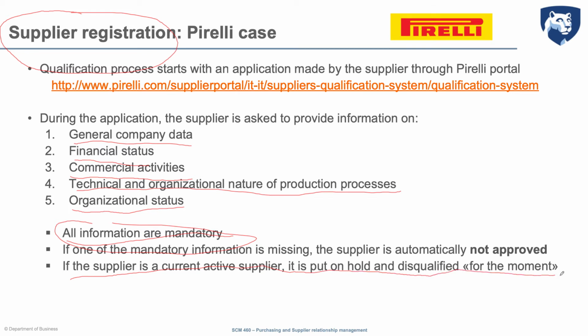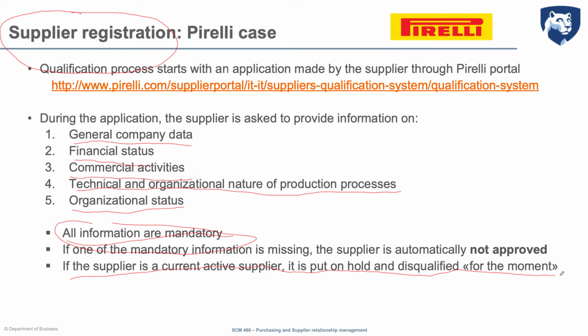So don't think that if you are in the Pirelli supply base, you are no longer subject to supplier qualification. Every 2 years, Pirelli requires its current suppliers, so its active suppliers or suppliers that are already part of the supply base, to redo this process and resend the information.